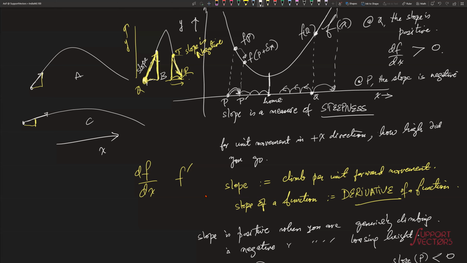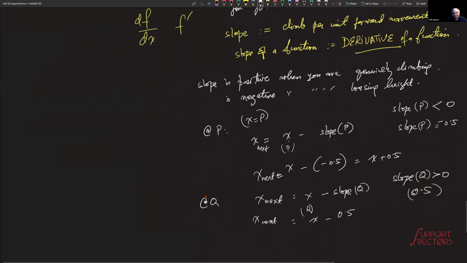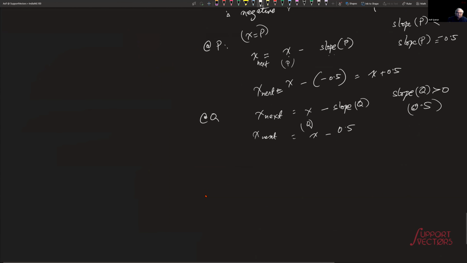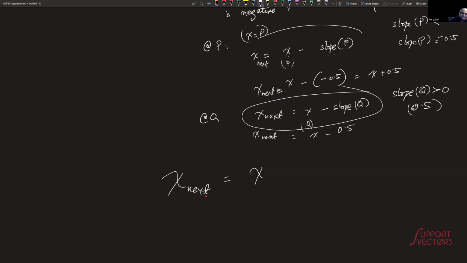And so we come to the conclusion that whether you're on this side or this side, one easy rule to move forward is x next is equal to x, whatever value you are at, whether it's p or q, it's the same equation, minus the slope at x.